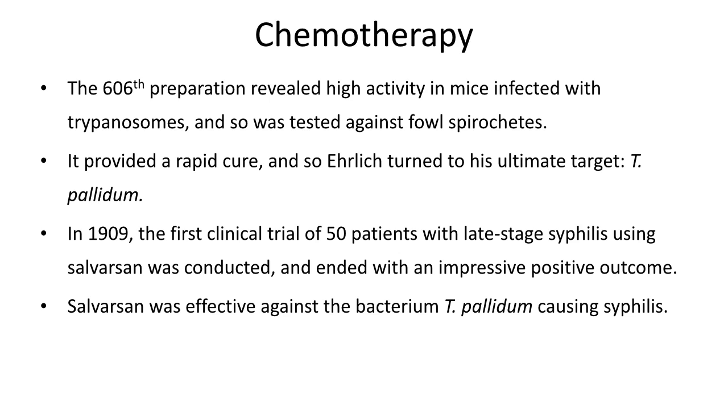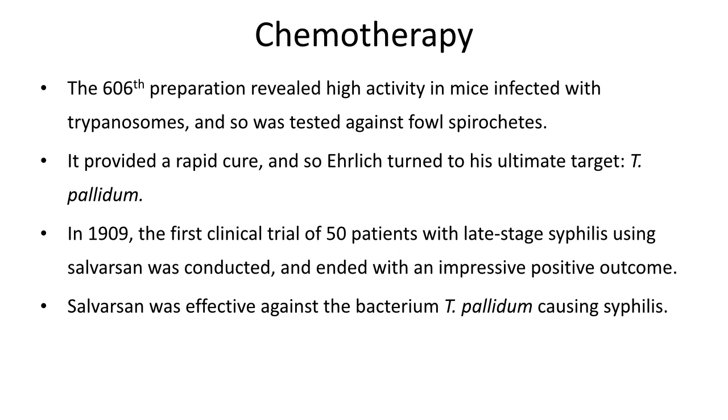And because high activity against the trypanosomes was observed, Ehrlich used the same compound against the chicken or fowl that were infected by the spirochete, that is Treponema pallidum. The chicken were rapidly cured after the use of the 606th derivative of arsenic, that is Salvarsan. So Ehrlich turned to his ultimate target, that is Treponema pallidum.